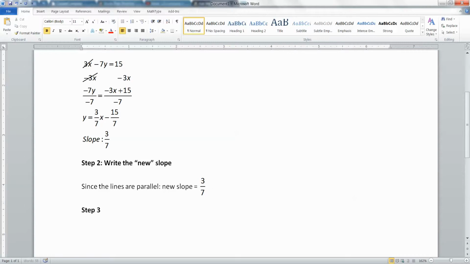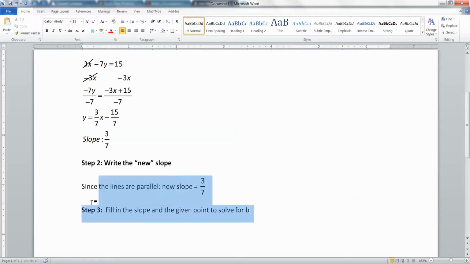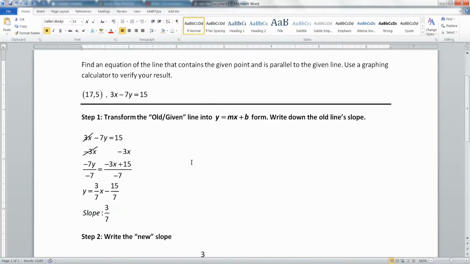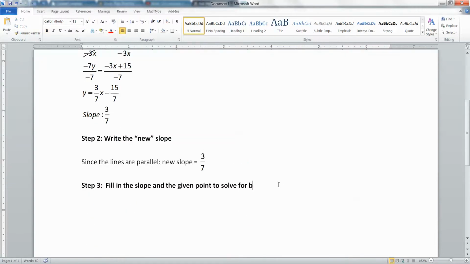Step 3. Fill in the slope and the given point to solve for b in y equals mx plus b. Okay, so let's see here.